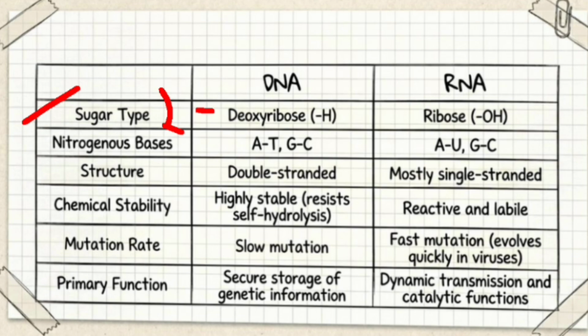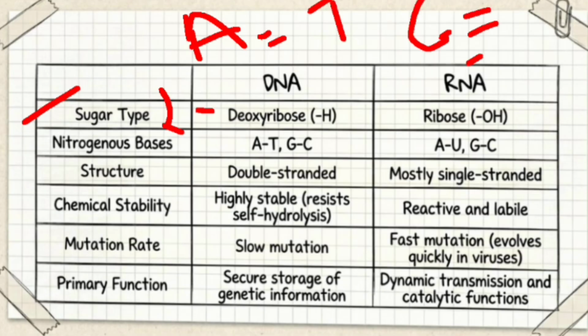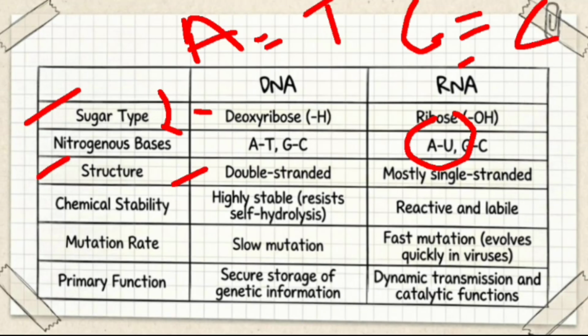One more thing: adenine always forms hydrogen bonds with thymine, and guanine always bonds with cytosine. In the case of RNA, adenine bonds with uracil. Okay, the structure. DNA, in most organisms, is double stranded, but RNA is single stranded. In the case of a retrovirus, it is double stranded.